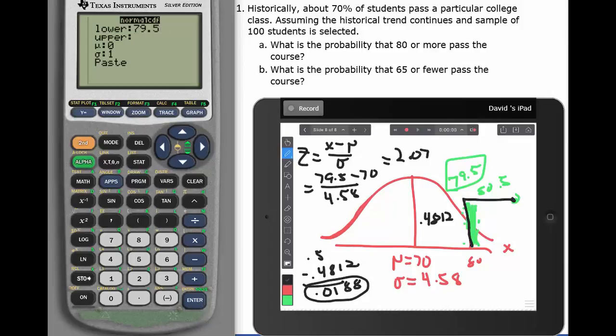Our upper is infinity, but you can give it any large number. And then our mean was 70, and our standard deviation was about 4.58. And we get about 0.0190, so really close to what we have there. Of course, a little bit of rounding error.